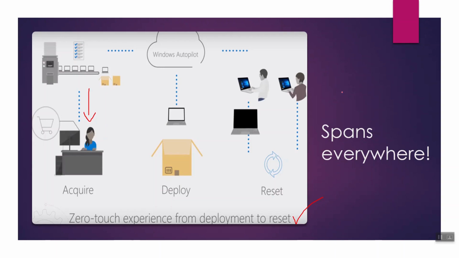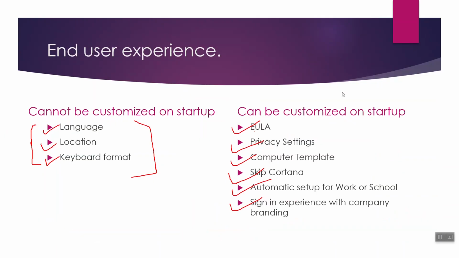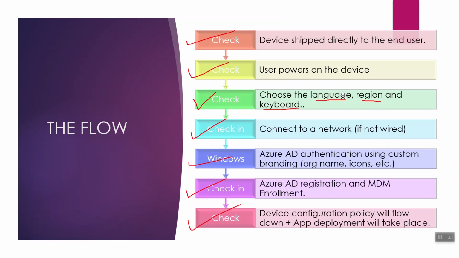What it does is, when the device is going through the out-of-the-box experience, let's just go back here in the workflow. So the device has been shipped, powered on, this has been selected, connected to the network, Azure AD credentials have been provided, device is enrolled to Intune.